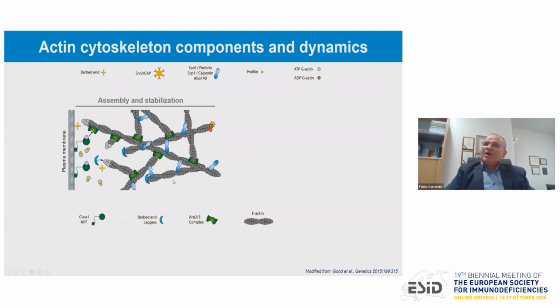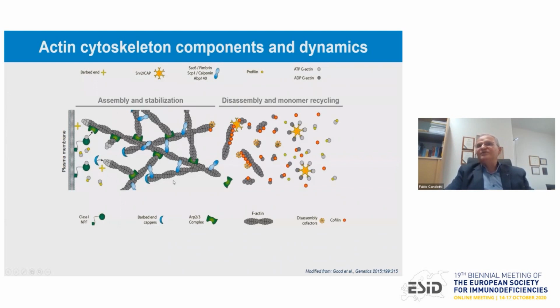For cytoskeletal remodeling to happen, the polymerized actin needs to be depolymerized, and this occurs through the actions of disassembly cofactors, among which cofilin, which mediates the debranching and the disassembly of polymerized actin into monomer units of actin that can be recycled.